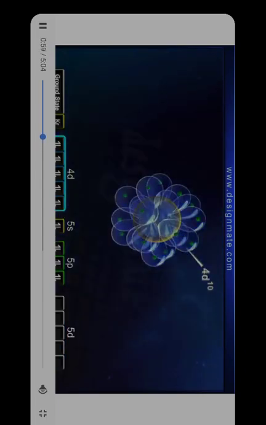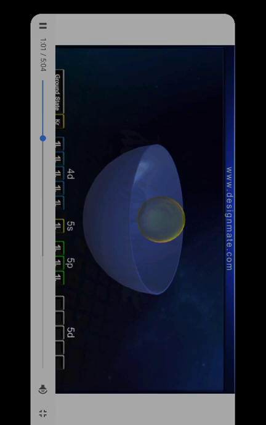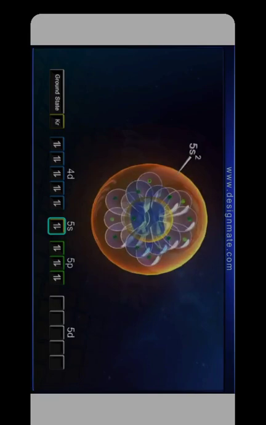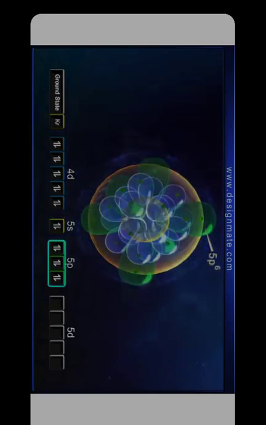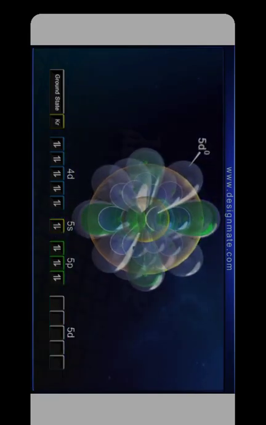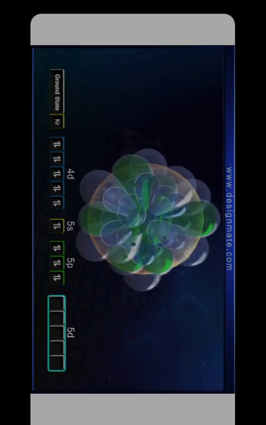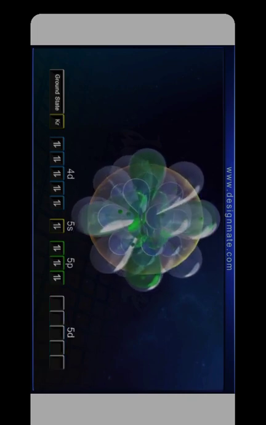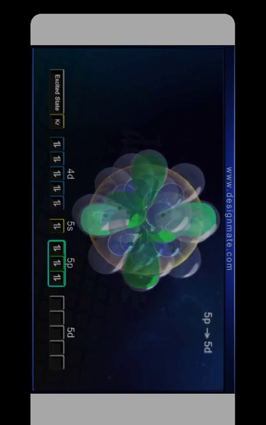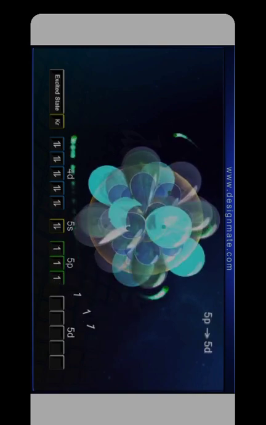Xenon has an outer electronic configuration of krypton 4d10, 5s2, 5p6. Note that there are no electrons in the 5d orbitals of xenon. In the excited state, 3 of the 5p electrons jump to the empty 5d orbital.